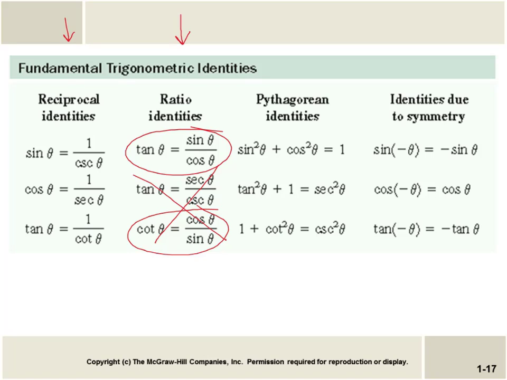So let me make a new page here. So the Pythagorean identities. Basically, let's look at our triangle. So we have this triangle here, and I'll call this theta. And I know that x is the same as the cosine of theta, right? And I know that my y value is the same thing as the sine of theta.